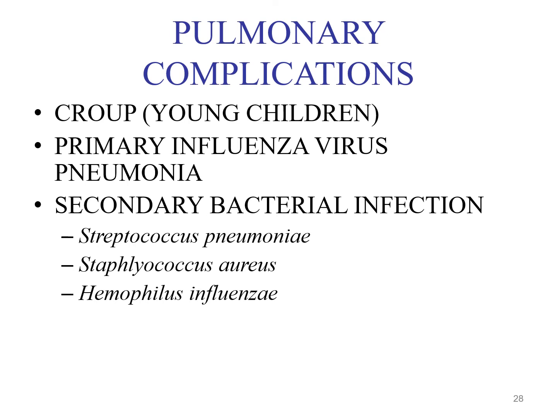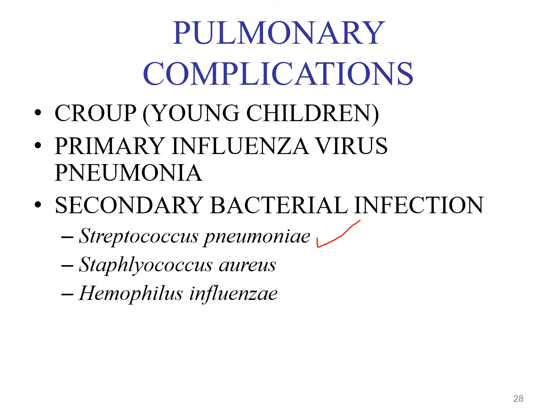Other complications as a result of influenza virus: it might lead to croup in young children. It might lead to viral pneumonia, primary pneumonia, and it might lead to secondary bacterial infection on top of the viral infection. And the number one cause of secondary bacterial infection is Streptococcus pneumoniae, which leads to pneumonia.